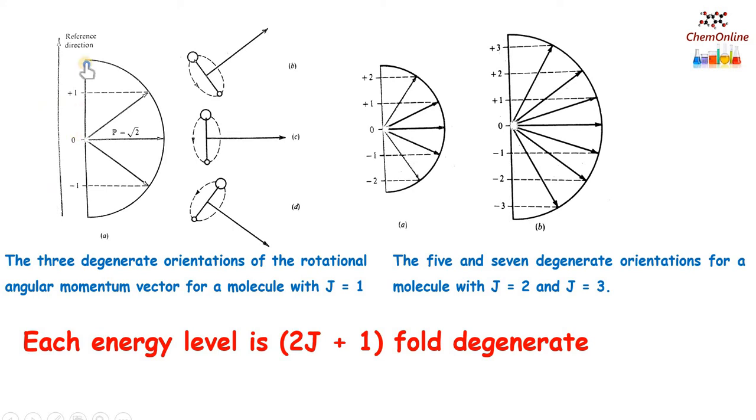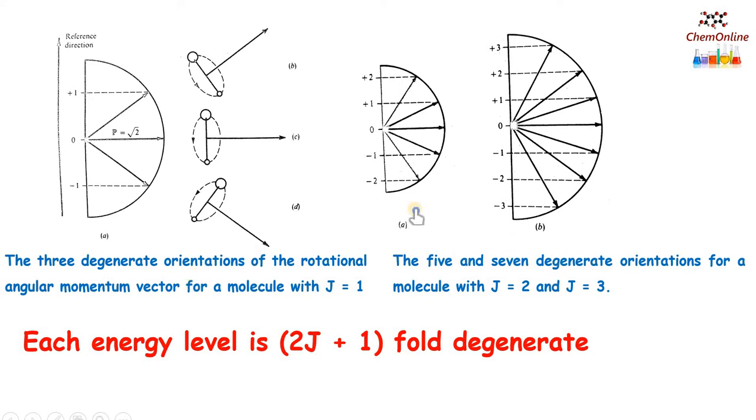One is to the top, other to the bottom, and the other one is 0. All 3 rotational directions, since they are associated with the same angular momentum, are also associated with the same rotational energy. Thus, the j equal to 1 level is 3-fold degenerate, or we say the degree of degeneracy is 3.